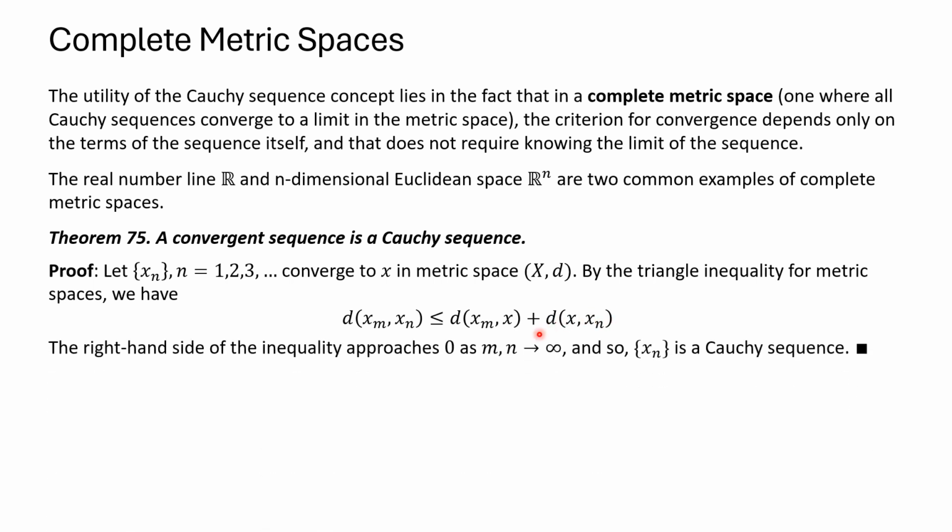And as the right-hand side of the inequality approaches 0 as m and n approach infinity, because this sequence converges to x, then of course the distance between x sub m and x sub n also goes to 0, and that proves that it's a Cauchy sequence.